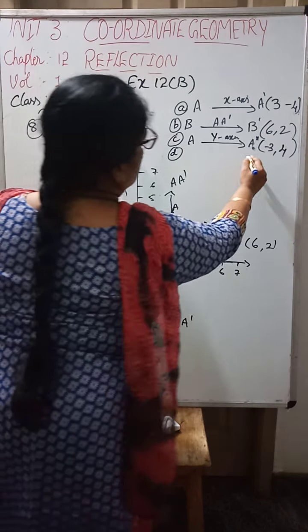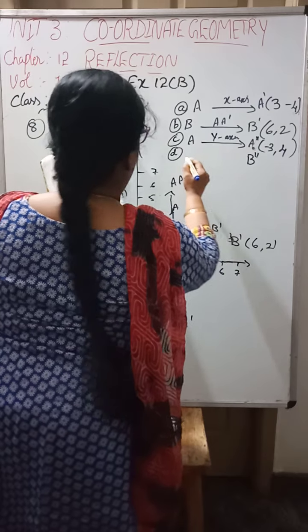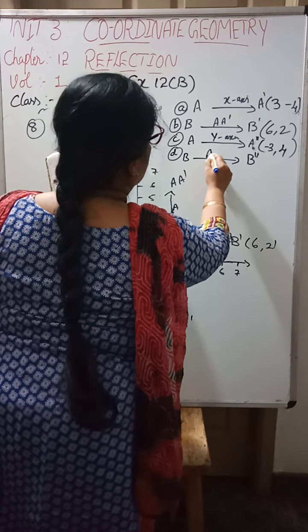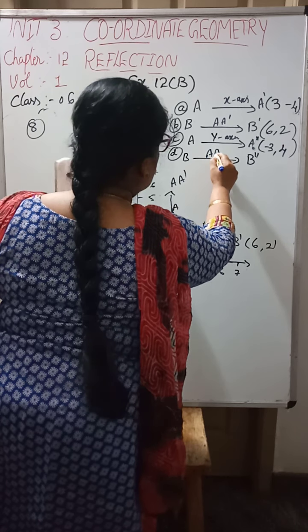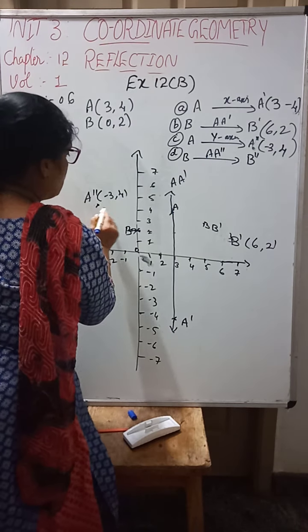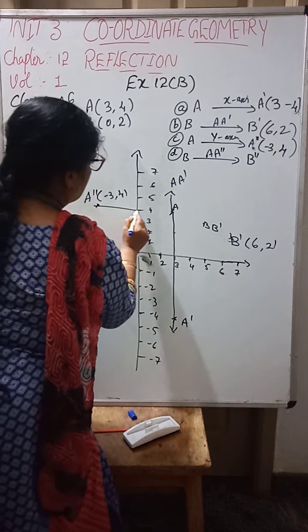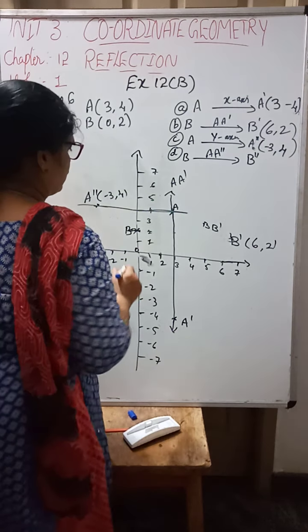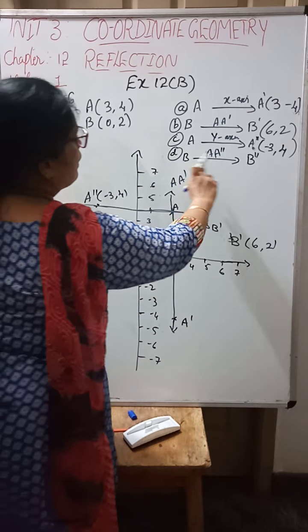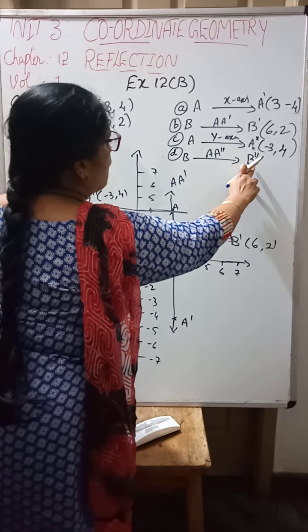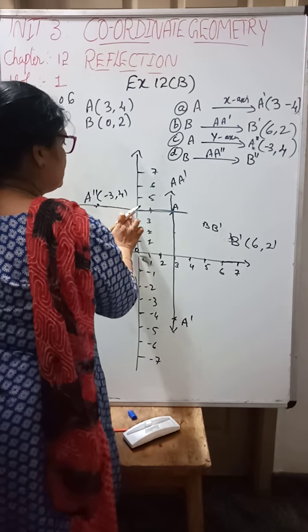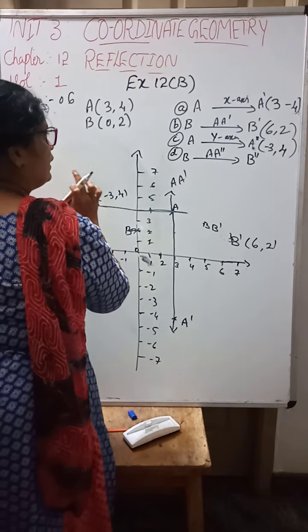Now B double dash of B under the reflection in A double dash means these two points have to be joined. Yes, this is the line to be joined. Now B double dash under the reflection with the line A double dash.